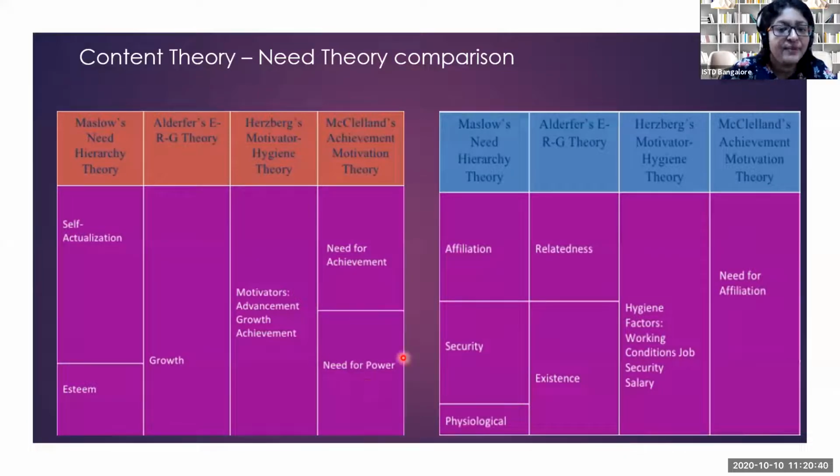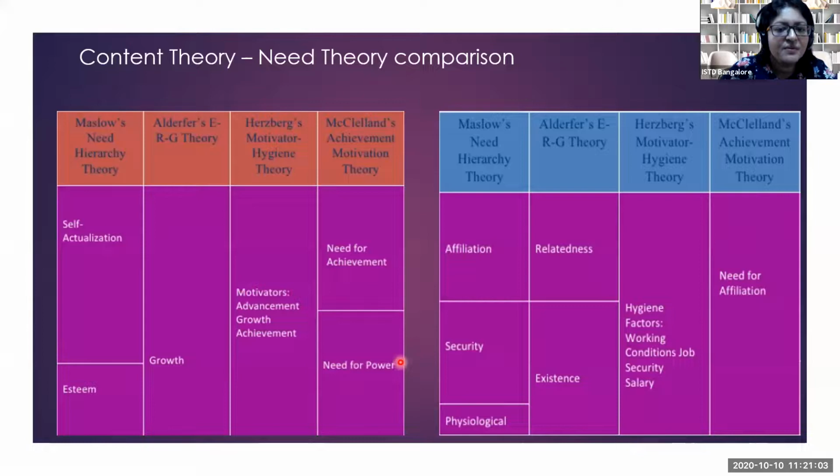Then the need for power is the self-esteem, growth, advancement, achievement. This will give us a sense of achievement and a sense of having power. Now, how anybody wants to use the power depends on the individual. Power can be used in a positive manner for good things. Power can be used in a negative manner for wrongdoings.